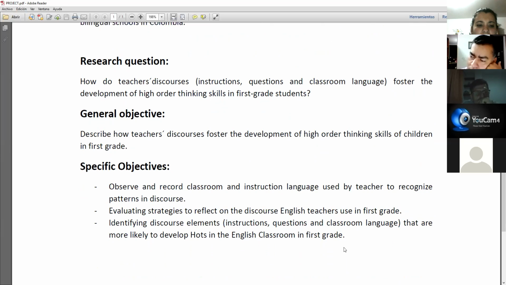Okay, that would be evaluate, no, without the ing. Strategies to reflect. But I'm not sure about that. What are you going to do in there? Because you say evaluating strategies. What kind of strategies? To reflect on the discourse of teachers.